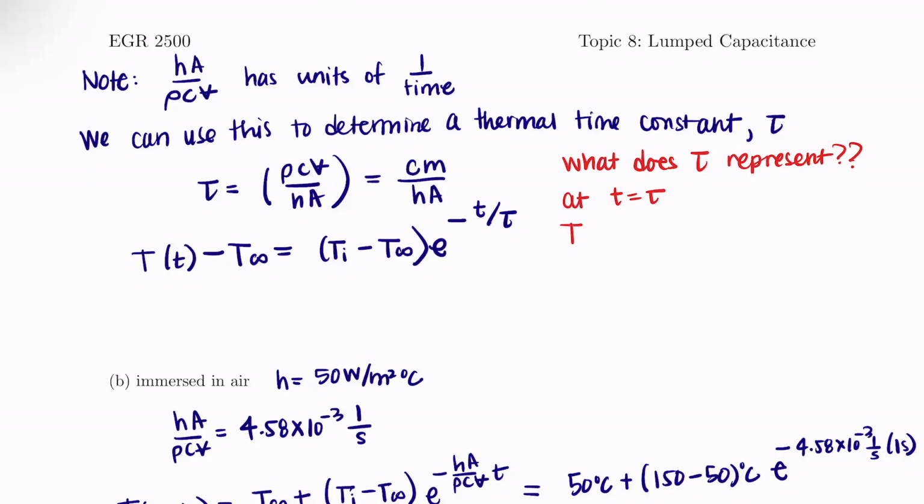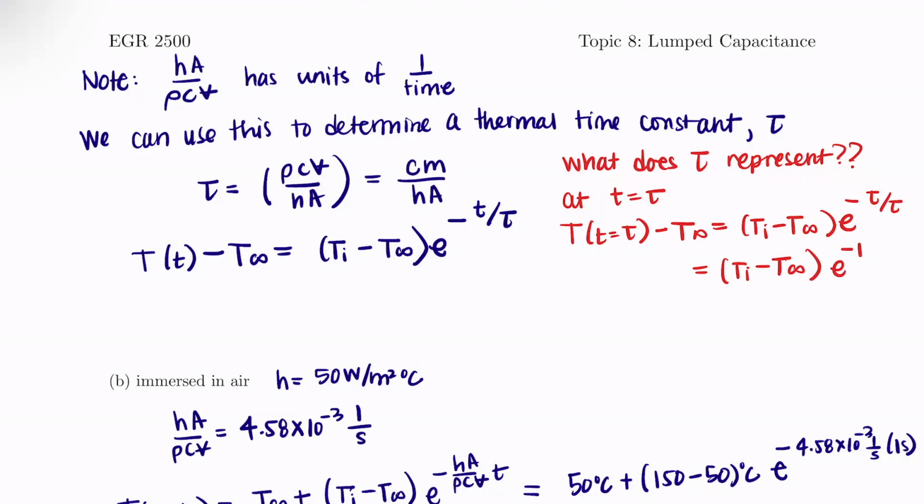So we have T at t equals tau minus T infinity equals Ti minus T infinity times e to the minus tau over tau. All right, so we have Ti minus T infinity times e to the minus 1, which is 0.3678 times Ti minus T infinity.